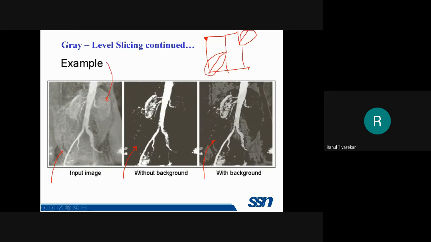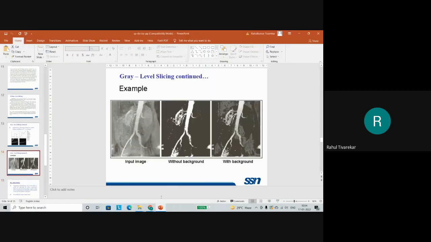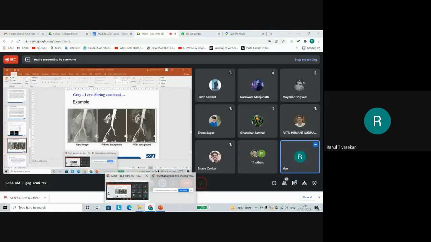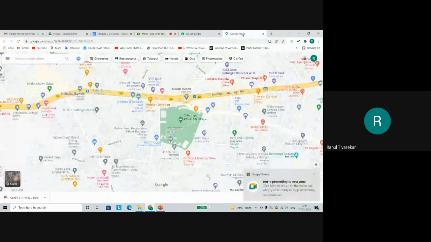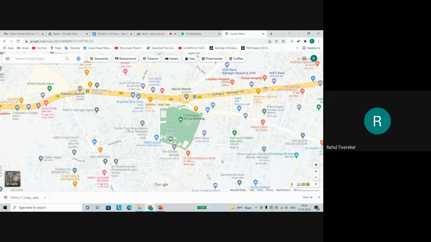One application of this, where you need to keep the background, I can give you is in Google Maps. Everyone might have used Google Maps. You can see here, this is Chhatrapati Shivaji Maharaj Stadium near the Maruti Mandir area. If I highlight all the roads in this image, this is not actually a satellite image.